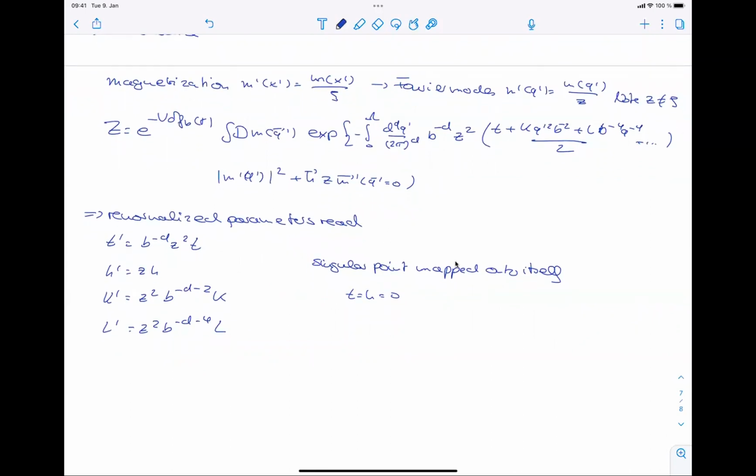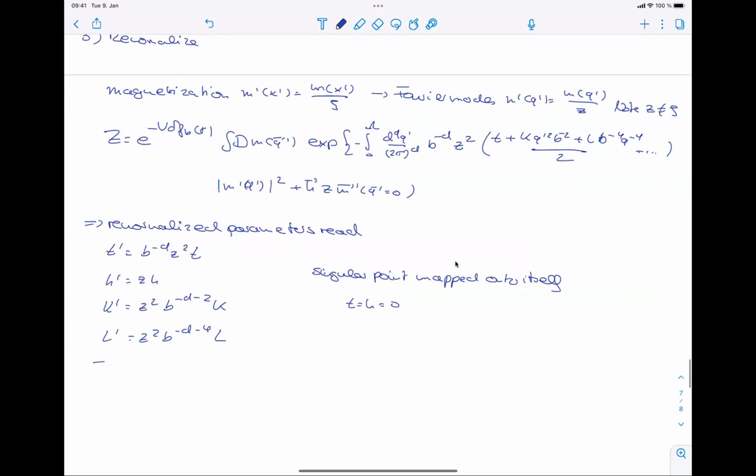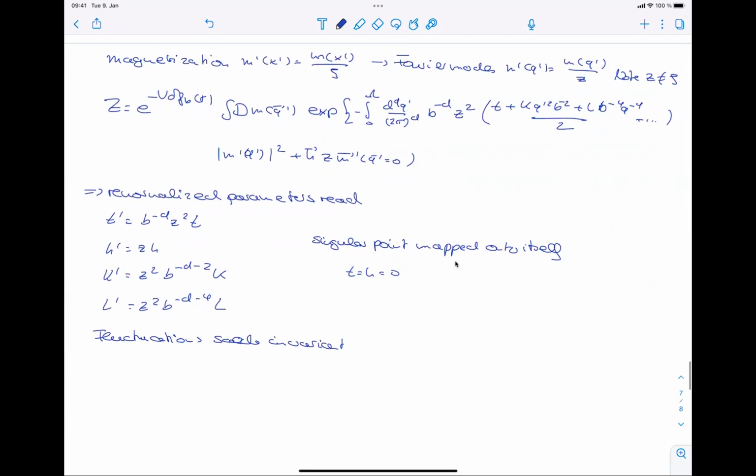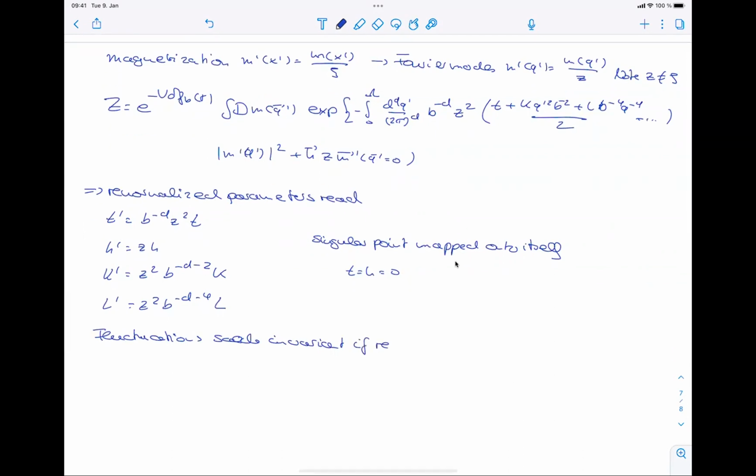The fluctuation scale should be invariant, so the parameters should remain invariant under the transformations.